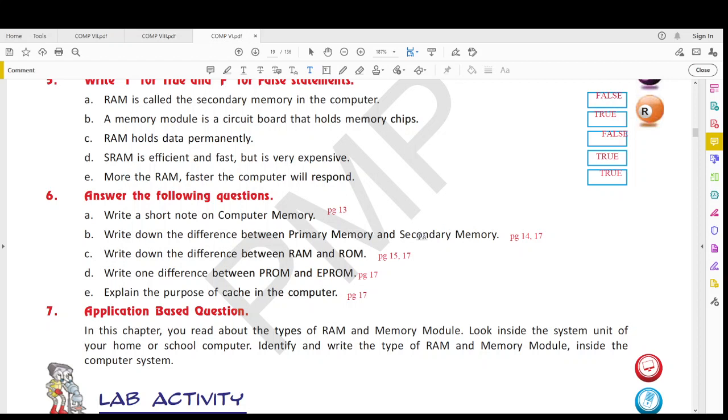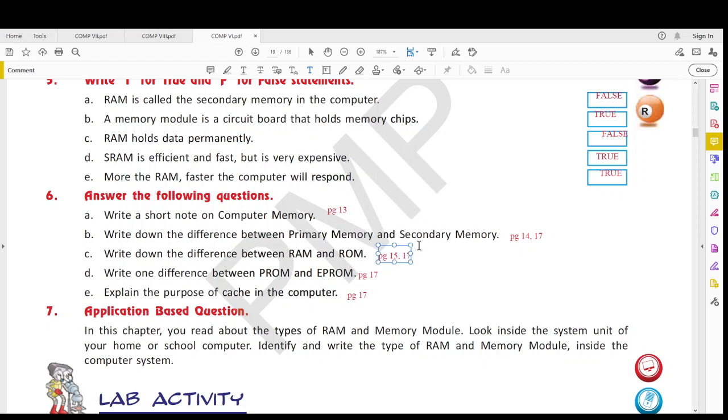Data and instructions are stored permanently in a secondary memory. There are two types of primary memory. One is RAM, another one is ROM. Secondary memory, there are hard disks, compact disks, DVD-ROM, flash drive, and there can be more.